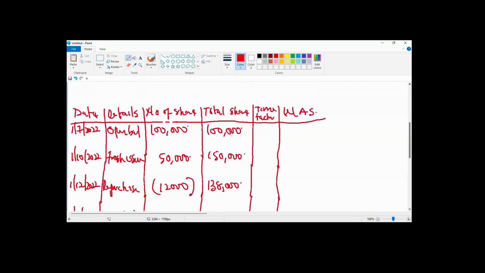The time factor now: from 1st of July to 1st of October is July, August, September, 3 months, so 3/12. Then 1st of October to 1st of December is October, November, 2 months, 2/12.